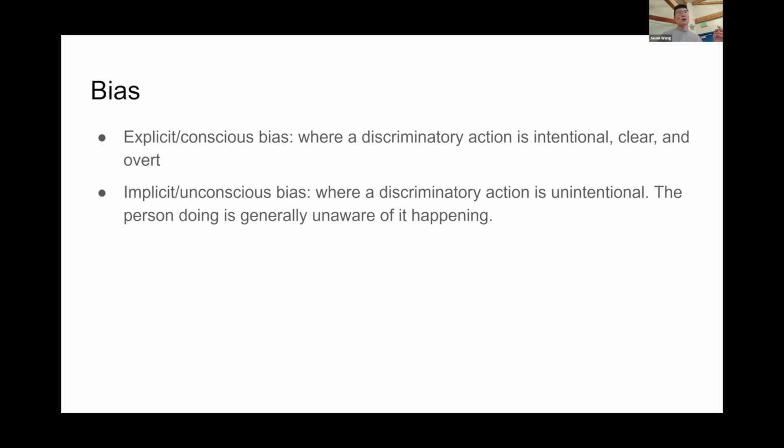Oftentimes, the person doing it is even potentially unaware of it happening. There are many things happening that are in the first one, and there are also many things happening that are in the second one. This is where bringing awareness and talking about this is important, so that we can identify these second cases especially and try to mitigate them, as well as understand when the first cases are happening and try to combat those as well.